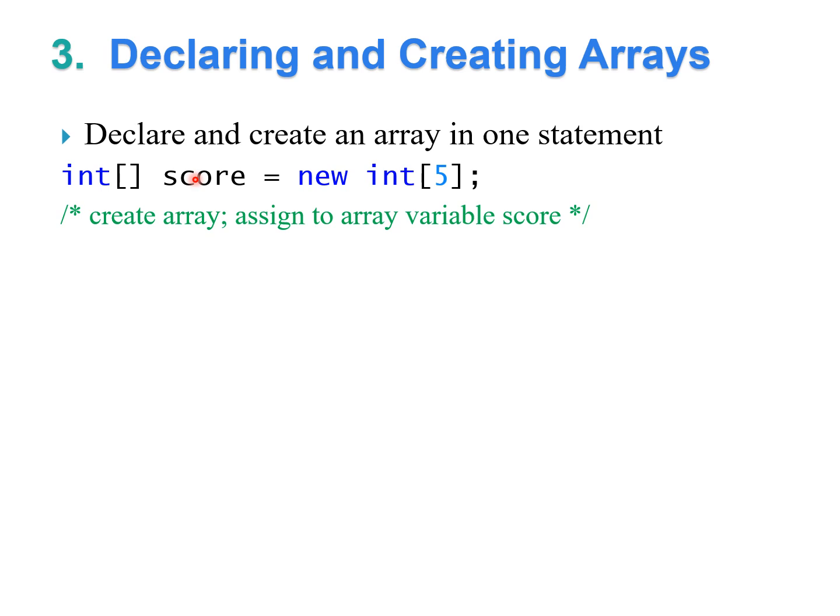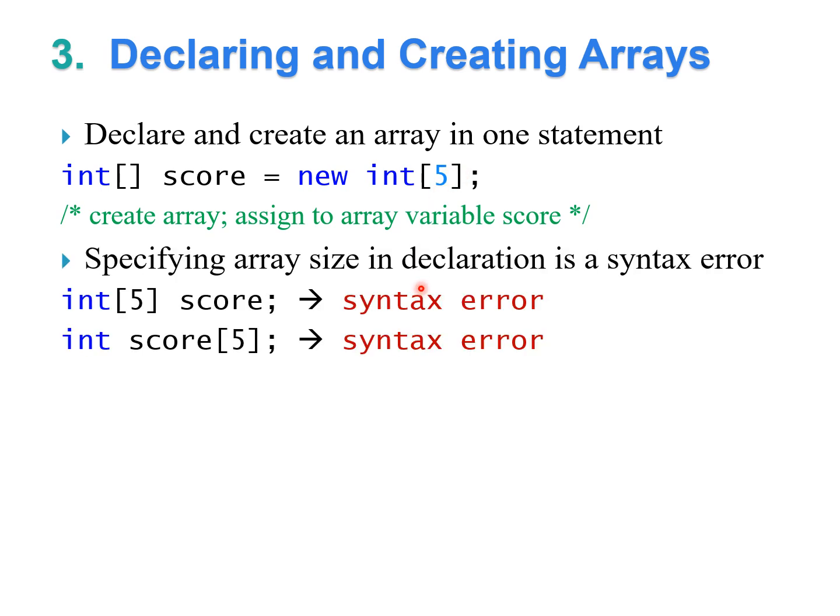So this single statement is equivalent to two statements where the first one would declare the array variable score and the second one would assign score to new int of 5. And note that specifying array size in declaration is a syntax error.